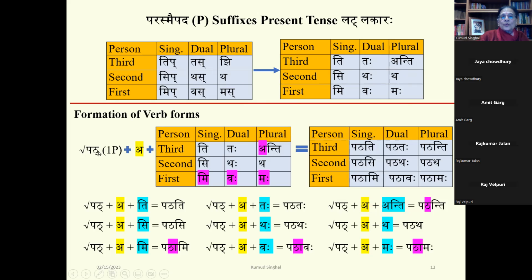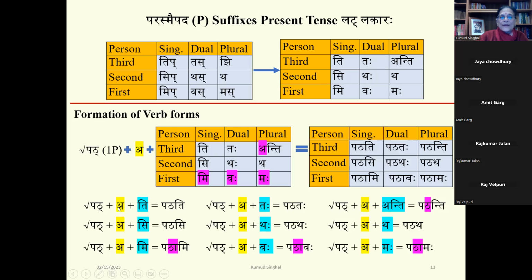So you take the dhatu pat, which is a 1P dhatu. Then you add the group suffix. This belongs to the first group, so the group suffix is a. So pat plus a, and then you add these 9 simplified verbal suffixes, and you get the conjugation of the dhatu pat in the lat lakara, the present tense. So it is pathati, pathatah, pathanti, pathasi, pathathah, pathatha, pathami, pathavah, pathamah.